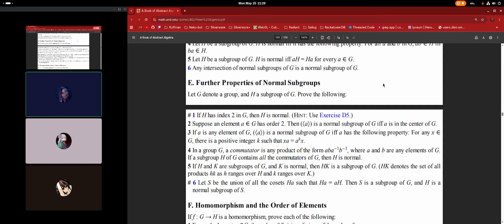What I was thinking is that the subgroup also contains the conjugates of the elements of the subgroup. But that's not true. It is the conjugates by the outer group G. Basically, if you pick an arbitrary element of the outer group G and use it to make a conjugate of an element of H, then you are still in H. That's what it means for H to be normal. Okay, no, that makes sense.